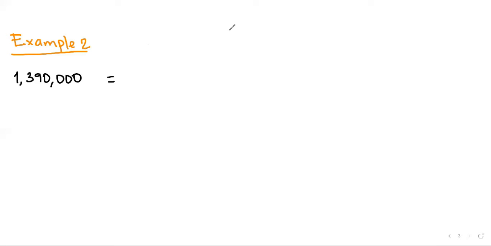We need to make sure that this number is less than 10 and more than or equal to 1. So we have it as 1, 2, 3, 4, 5, 6. So the decimal point will get there. So we will have it as 1.39 times 10 to the power of 6. So this will be our final answer.